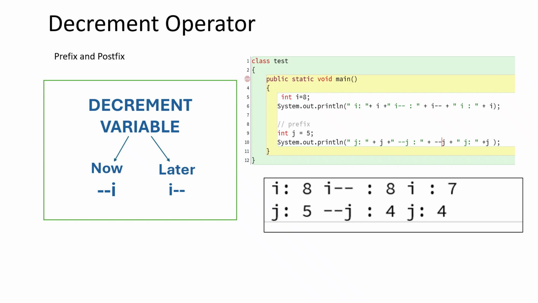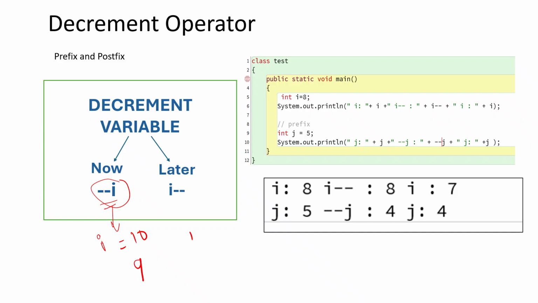Now similarly we see decrement operator. So now it is same as my --i, this is a prefix, it will immediately decrement it. This is now and this one is later. So suppose my i is 10. Now if I give --i, that means immediately it will decrement it and say 9.